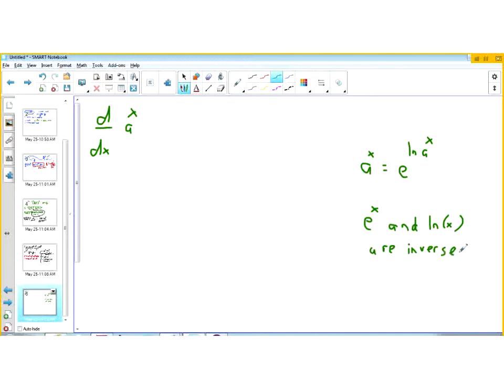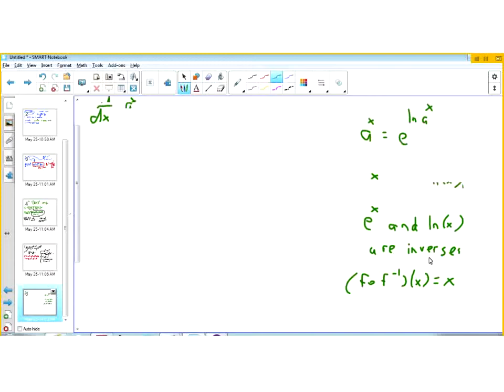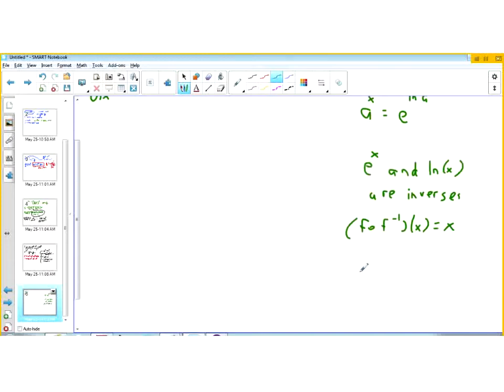And we know that a function composed with its inverse is equal to the argument of the function. So with this in mind, we know that e raised to the power of natural log of x is the same as e^x composed with the natural log of x, which is equal to x.